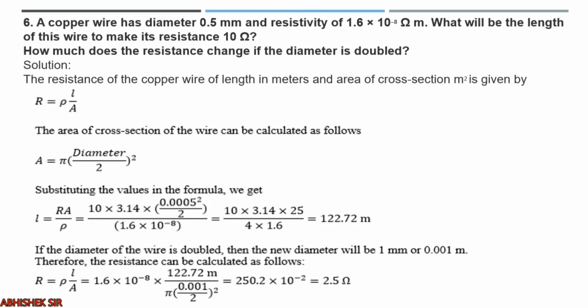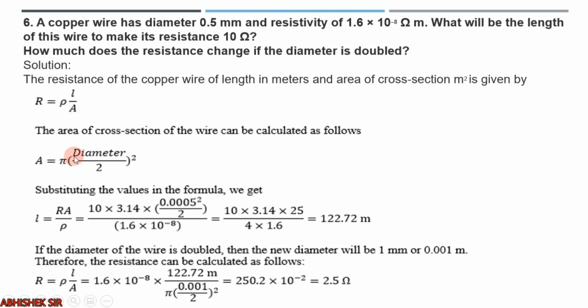Now you know the formula of resistance and resistivity that we have seen: R equals rho L by A, right? Area, you all know what the area of cross section is. It is circular, so it is pi r square. Now is the radius given? No, not given. Diameter is given.